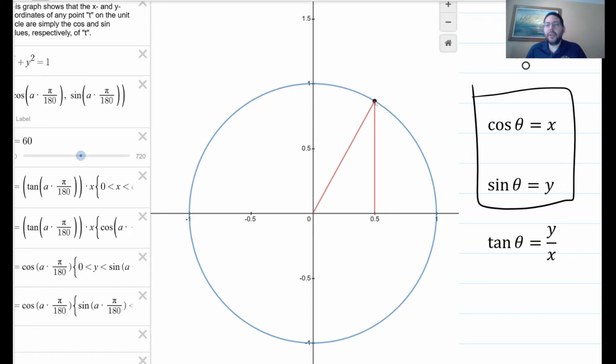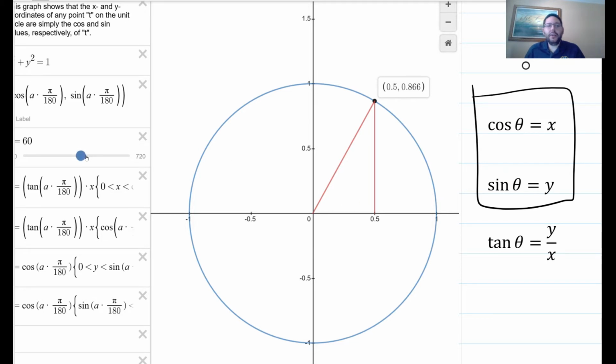If I go to the coordinates for 60 degrees, this means that my x-coordinate, or the cosine of 60 degrees, is 0.5. My y-coordinate is 0.866, which is the sine of 60. And this is how the reference triangle looks in quadrant 1.